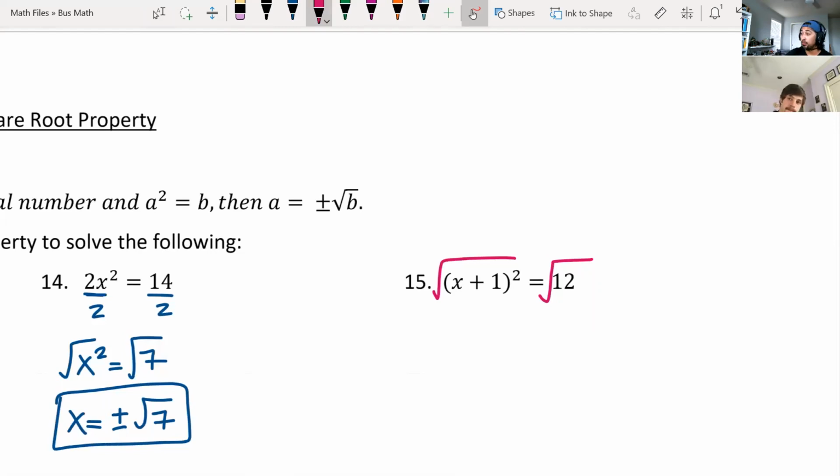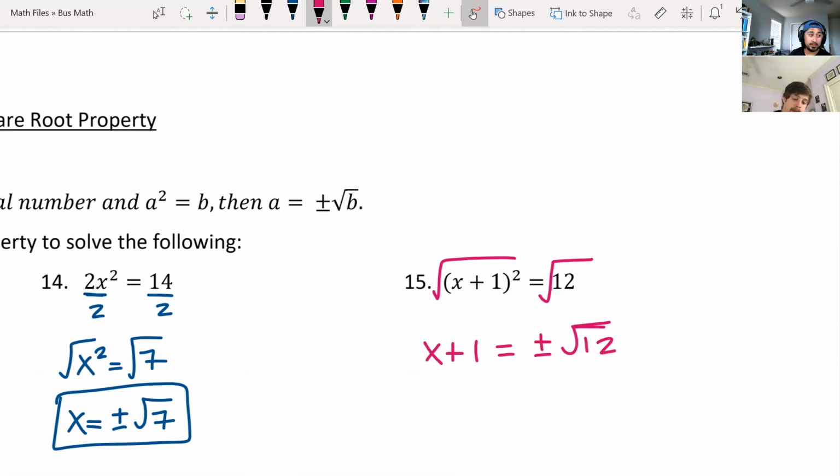If you square root a squared power, the root and the power will cancel. So the square root of x plus 1 squared just becomes x plus 1 equal to, and now on the right side, you get plus or minus the square root of 12.